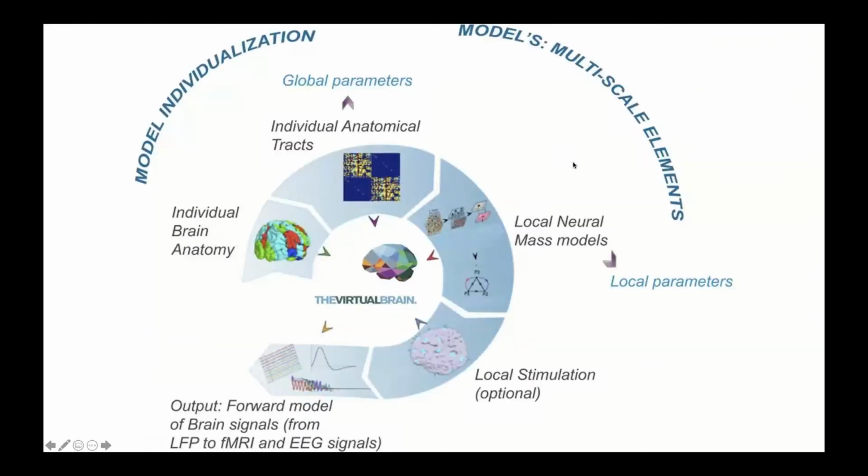So in terms of the virtual brain and everything that you have been learning so far, the individual connectivity, how we can load it, what can we do to the tracts, how can we look at local neural mass models and even zoom into a region and find some local parameters.